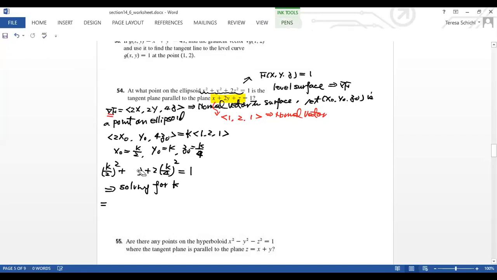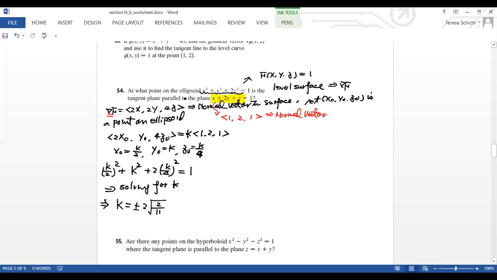This is a k squared. And then I'm solving for k. I trust you guys can do the algebra. So k is going to be plus or minus 2 times the square root of 2 over 11.